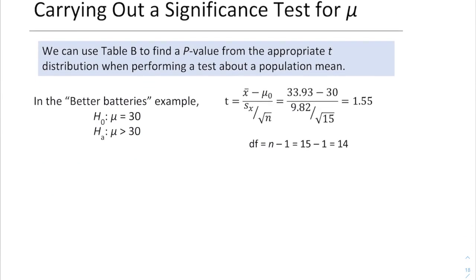Based on the data that was given, the average of the sample was 33.93 minus our claim, which is still just 30, divided by your standard error, the sample standard deviation divided by the square root of n, so 9.82 divided by the square root of 15. That gives us 1.55, and our degrees of freedom would be 14.